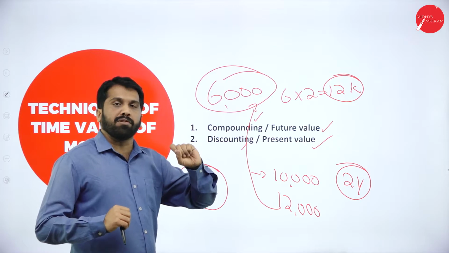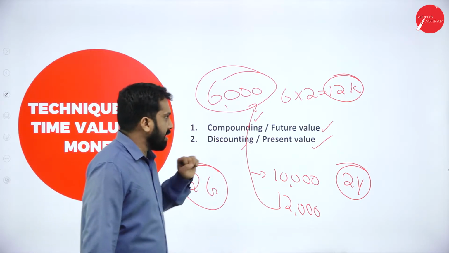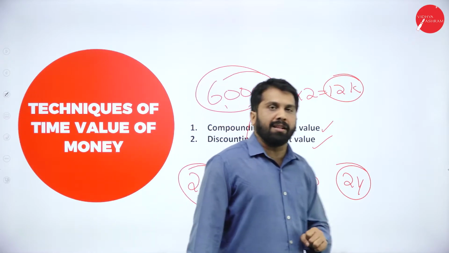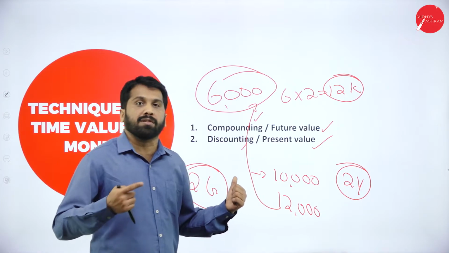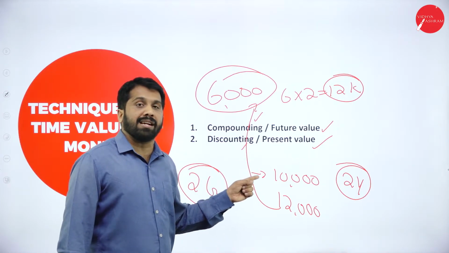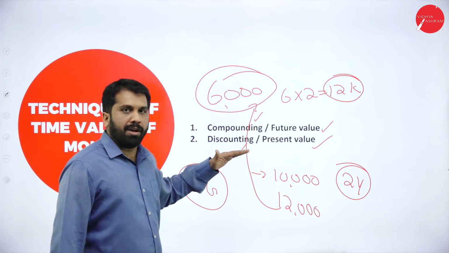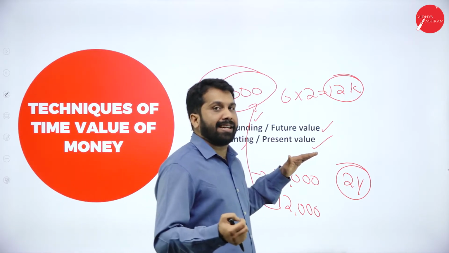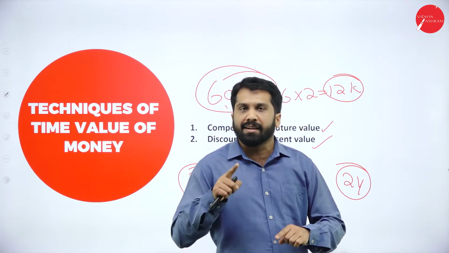Means your future 12,000, today's worth is 10,000. That's why this is called future value. Today you can buy 2 grams for 10,000. After 2 years, you need 12,000 to buy 2 grams. This is called your future value. In future, the amount you collect should be more than what you are supposed to collect today.